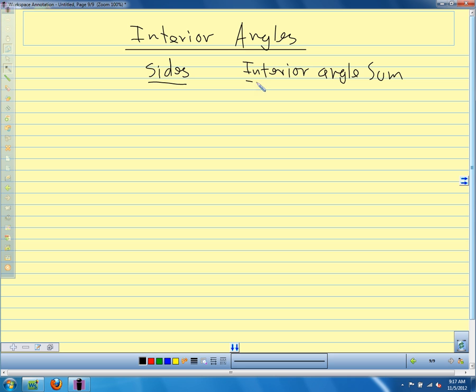So we're adding all the interior angles together. So if we have 3 sides, what do all the angles inside a triangle add up to? 180. Four sides, a quadrilateral, what do all the angles add up to? 360. We've done this a couple of times in the examples.